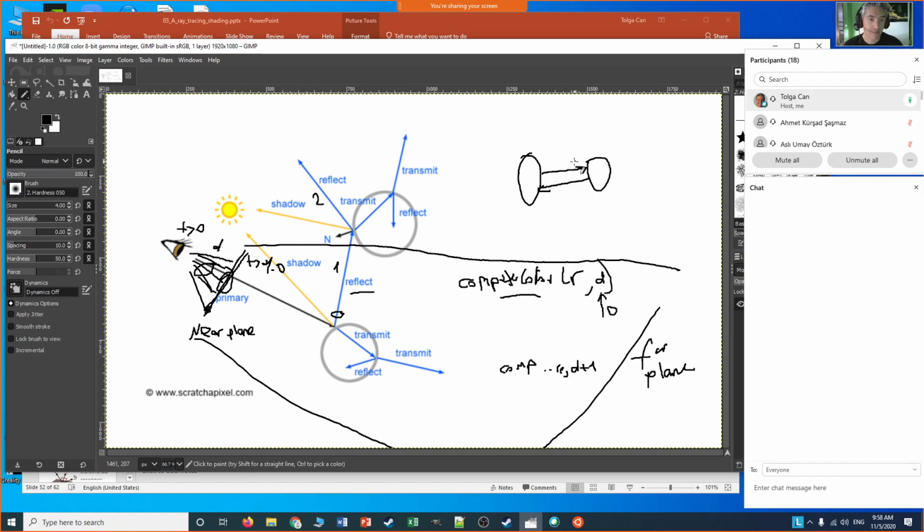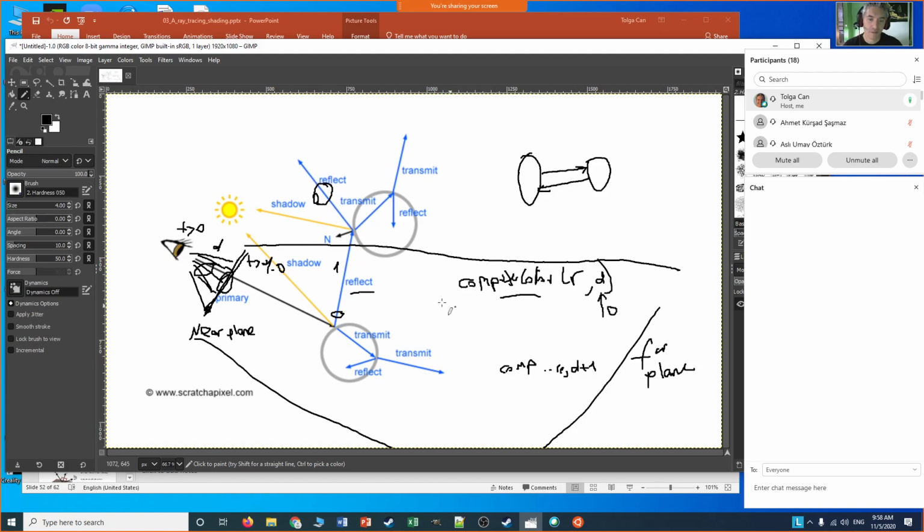It may be the case that the reflected ray hits another object, and it hits another object. So this may go indefinitely. So we usually put a bound on how many reflections we are going to trace recursively. For example, if it's 2, this will be ray 1, this will be ray 2. I will be computing the color of ray 2.